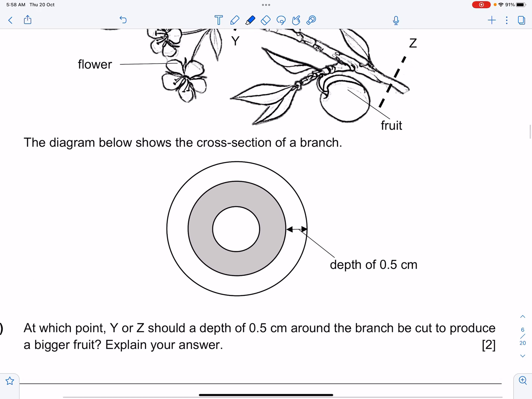So firstly, this part over here would be your food carrying tubes, the first ring. I like to use phloem, but it's perfectly fine to say that this is the food carrying tube.